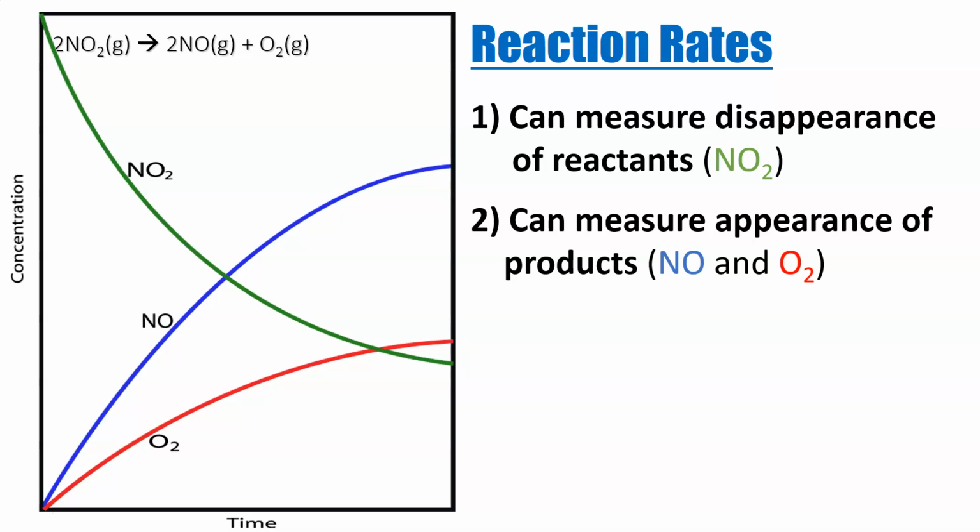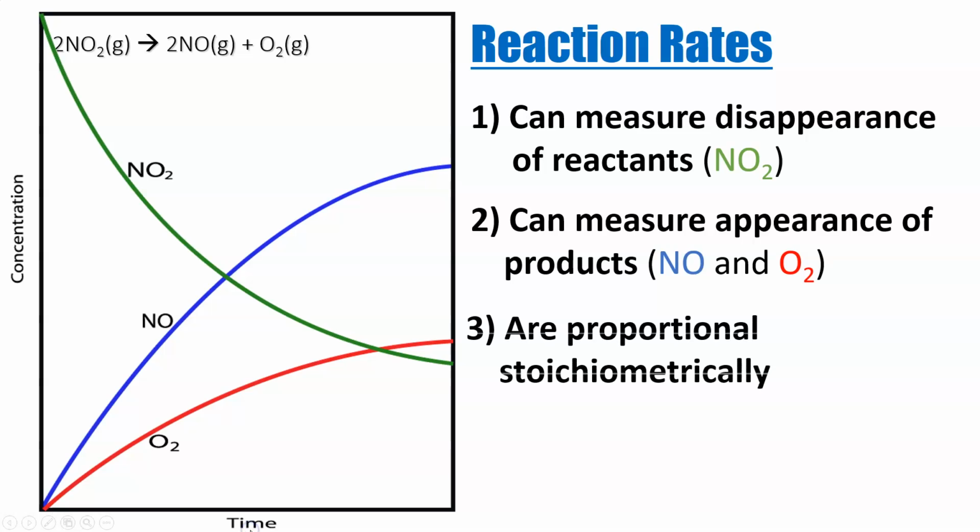Another thing you should notice is, if you look here, the blue line has a much steeper slope than the red one, doesn't it? And that's because the slopes of these lines are what we call stoichiometrically proportional. This is twice this one, isn't it? I drew the little dotted lines to maybe help you see that.